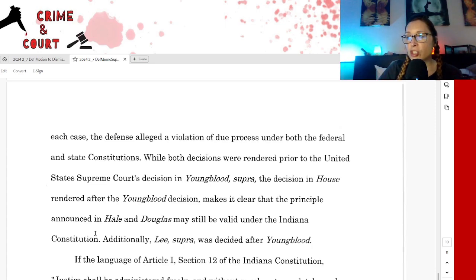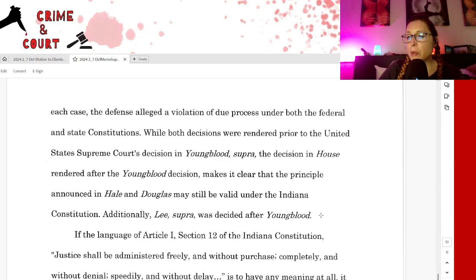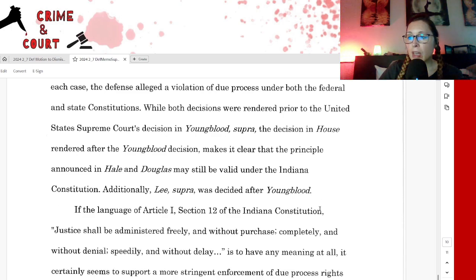While both decisions were rendered prior to the United States Supreme Court's decision in Youngblood, the decision in House, rendered after the Youngblood decision, makes it clear that the principle announced in Hale and Douglas may still be valid under the Indiana Constitution. Additionally, Lee, supra, was decided after Youngblood.